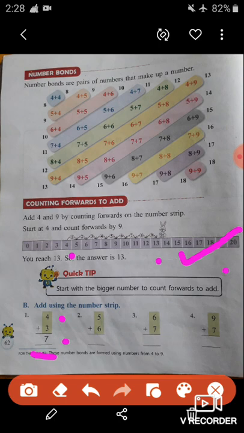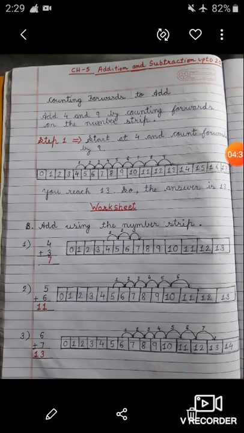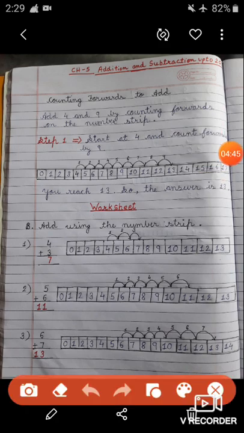So students, let me tell you how to do this question in your notebook. Students, look here. First of all, you have to mention the chapter 5, addition and subtraction up to 20. And students, you have to mention the topic counting forward to add.